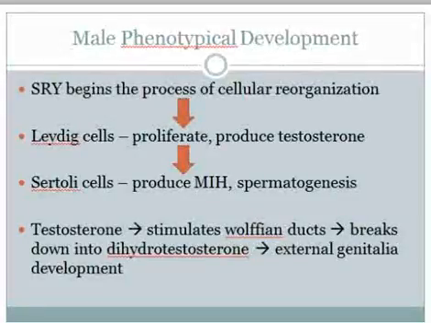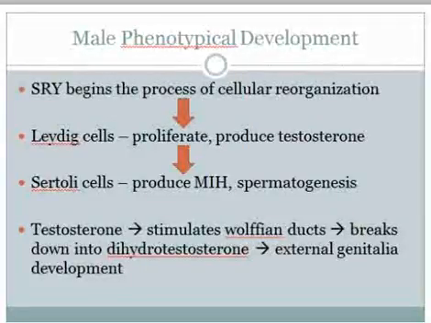And the Sertoli cells, in the long term, we're thinking about spermatogenesis, that's their biggest role, but they have receptors for testosterone, which is what would set off spermatogenesis. But then within the context of phenotypical development, they produce MIH, also known as Mullerian inhibiting hormone, which inhibits the Mullerian ducts from leading to female genitalia and gonad development.